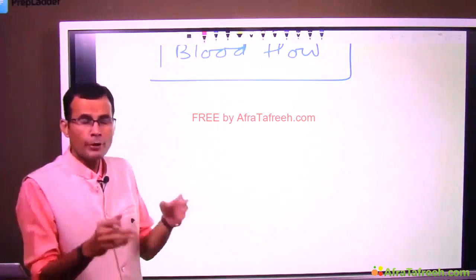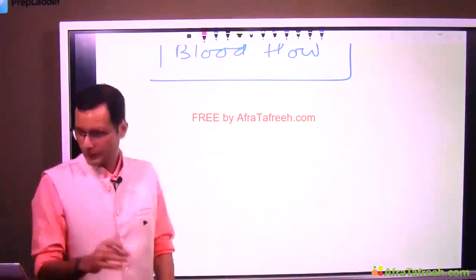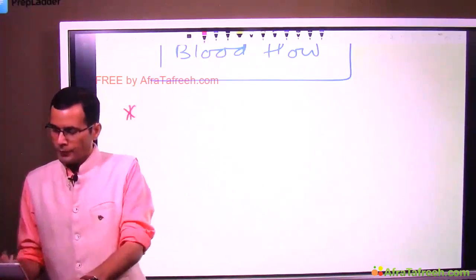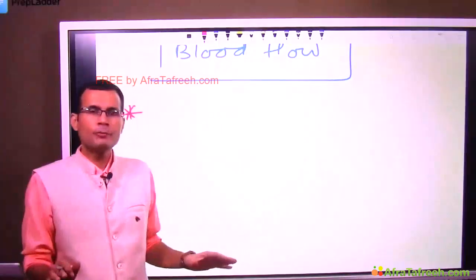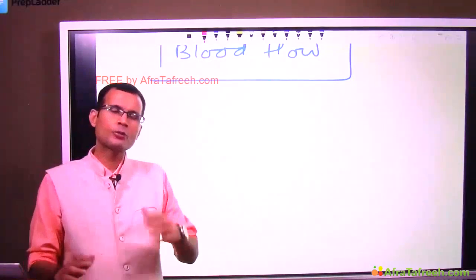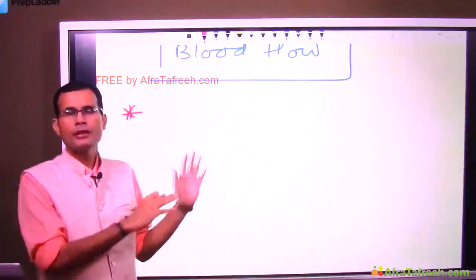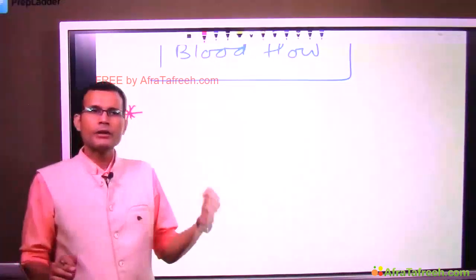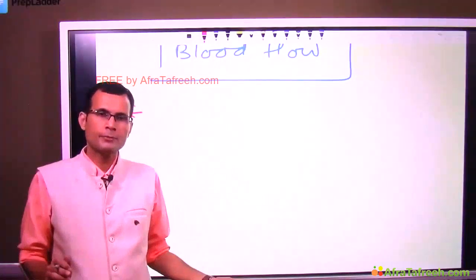Coming to blood flow in different organs. Greatest fraction of blood flow goes to which organ? This question was asked repeatedly in the previous exams. Liver, brain, kidney, muscle.